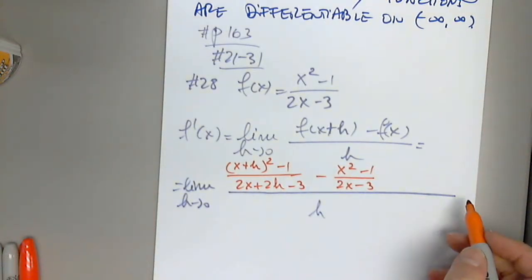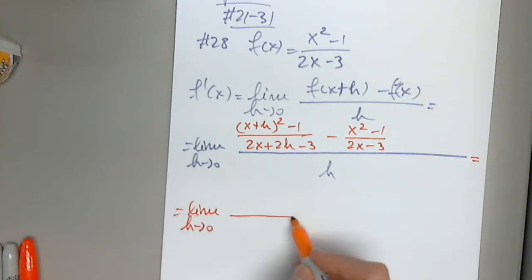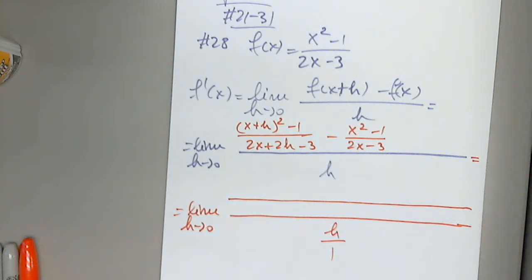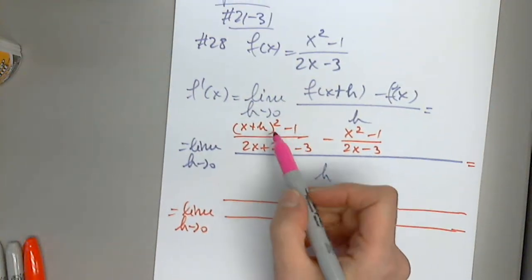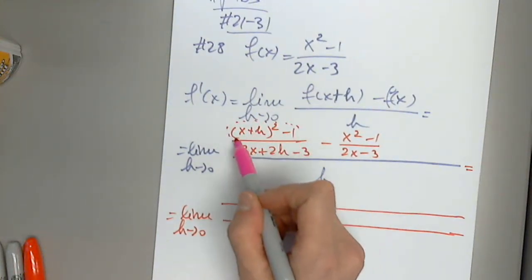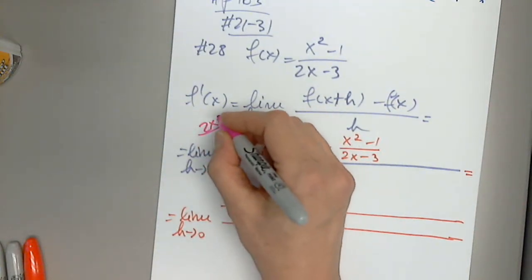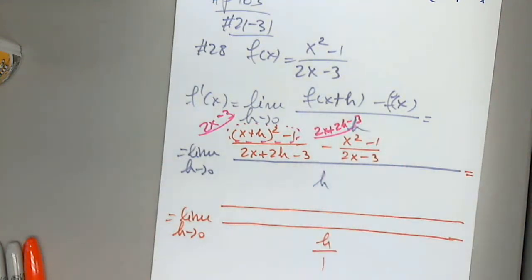As the next step, we have to find what? Of course, the least common denominator. It's going to be a long thing. You know I'm going to run out of space. I always do. So get on board with that. So I will simplify this before I use the adjustment of 2x minus 3 and the adjustment of 2x plus 2h minus 3.